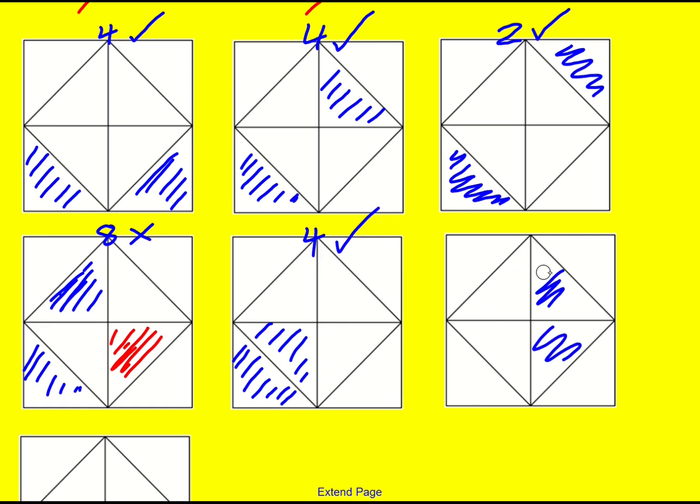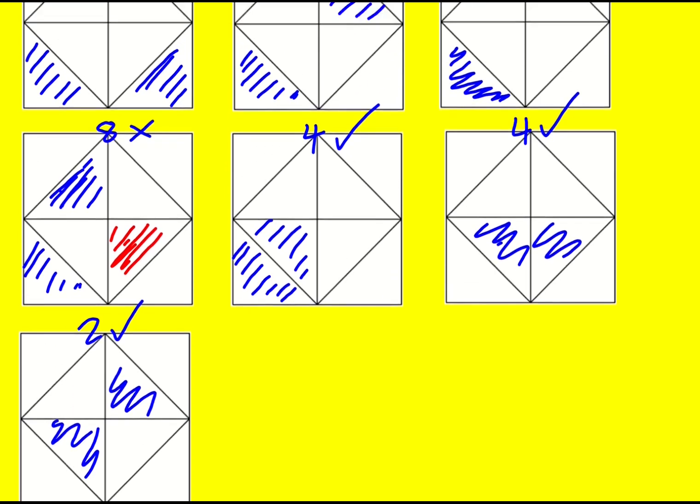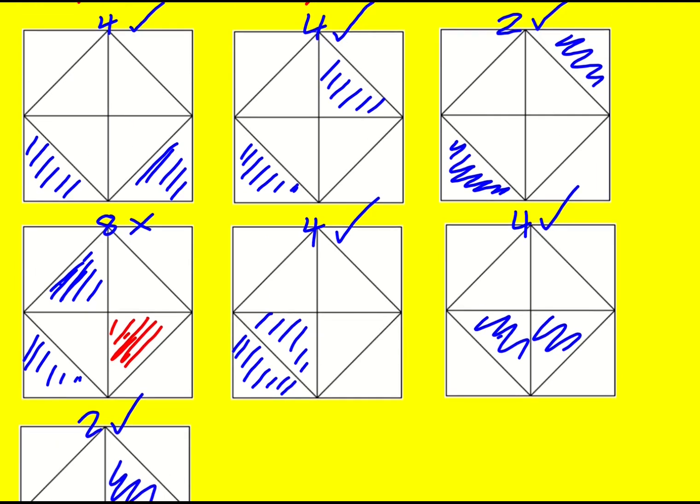So again, four ways. And that just leaves picking this one and then this one. Again, there's going to be two ways because I could have these two instead. Okay, nice. I've written down all the different configurations.